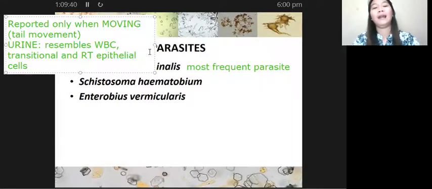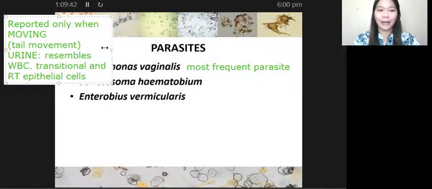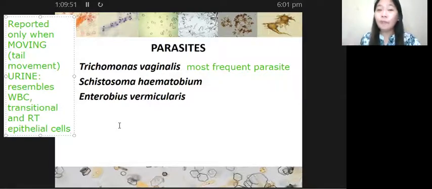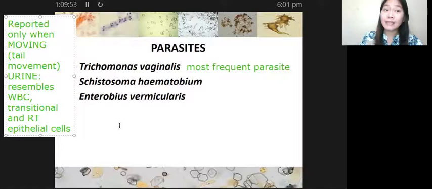Kaya pala, nire-report lang natin siya pag gumagalaw kasi it resembles several sediments. Malay mo, hindi naman talaga Trichomonas vaginalis yung nakita mo. Ang nakita mo pala ay ating WBC. Malay mo, transitional lang or RTE cell. Nakuha? So that's why you have to report only when it is moving or motile.